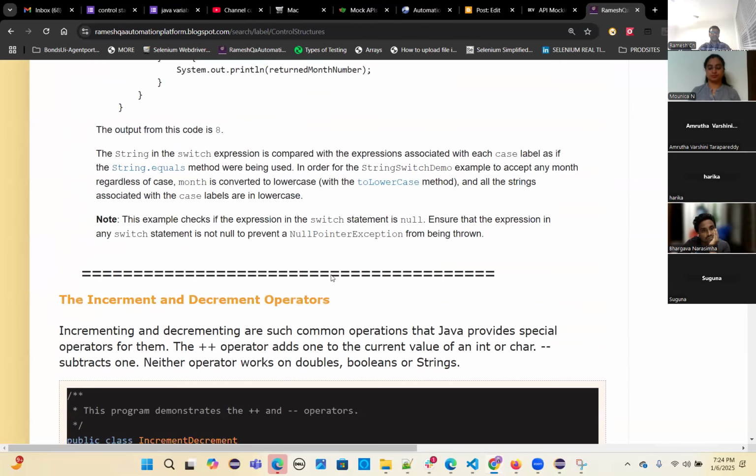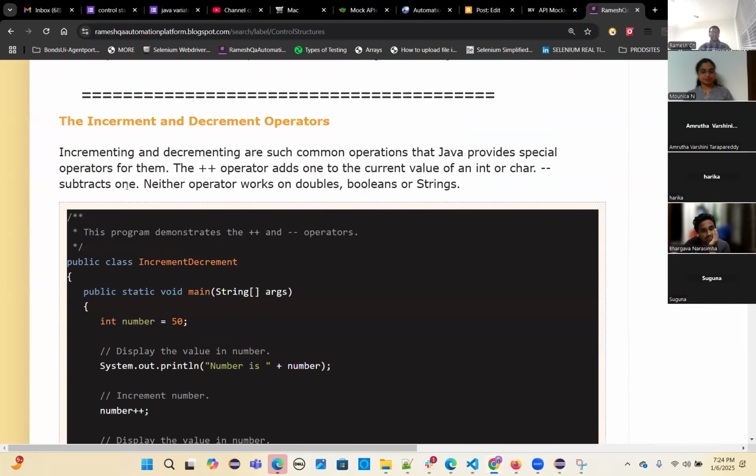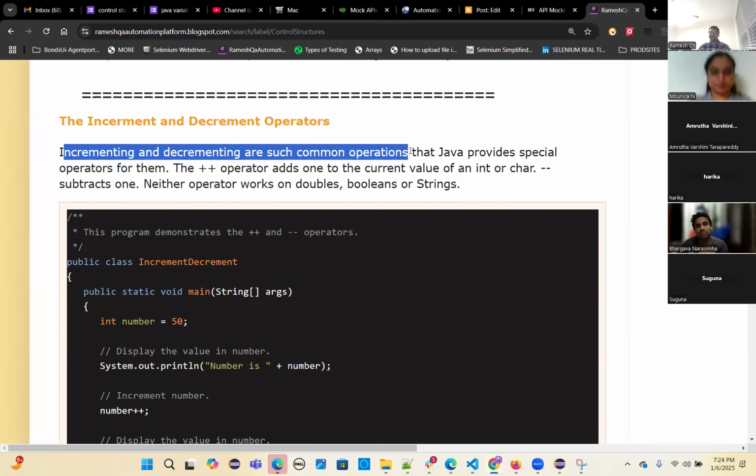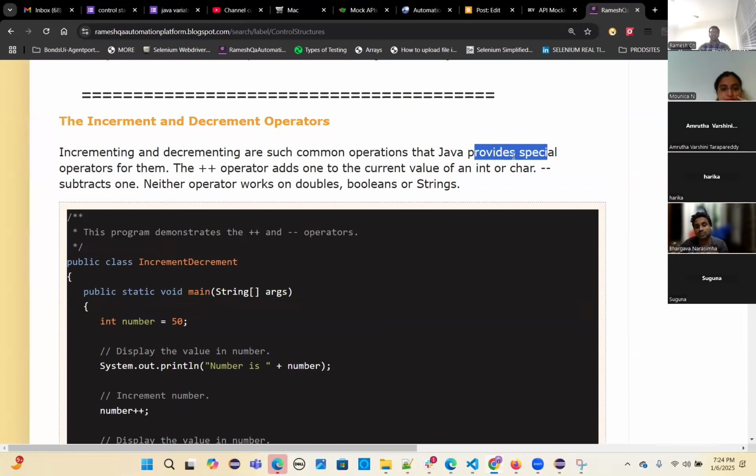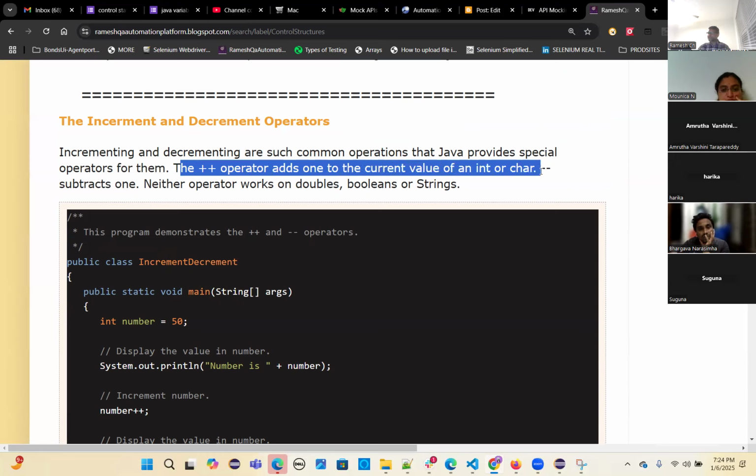Now let's go here. Increment and decrement operators. Increment and decrement are such common operations that Java provides special operators for them. The plus plus operator adds 1 to the current value of an int or char.